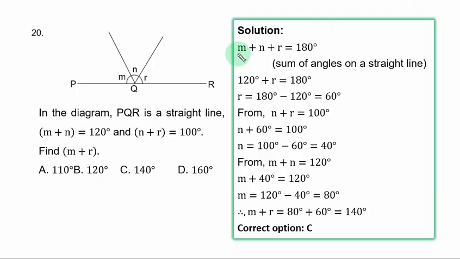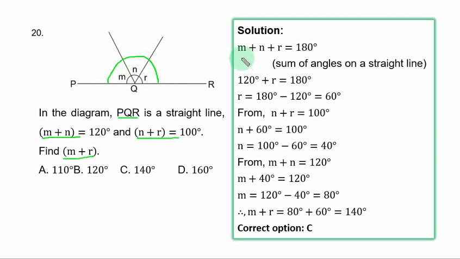Question 20. In the diagram, PQR is a straight line. M plus N is 120 degrees. N plus R is 100 degrees. Find M plus R. Solution. We start by taking the sum of the three angles on the line.